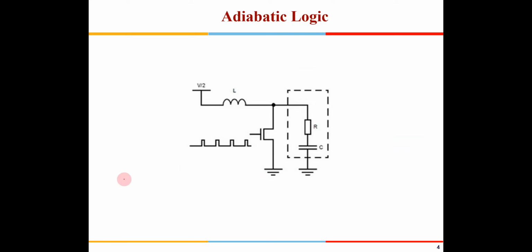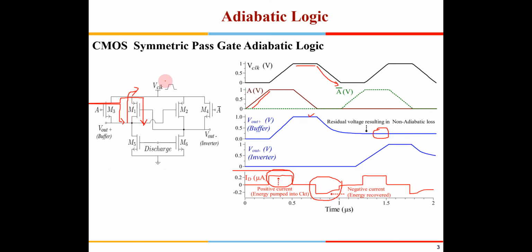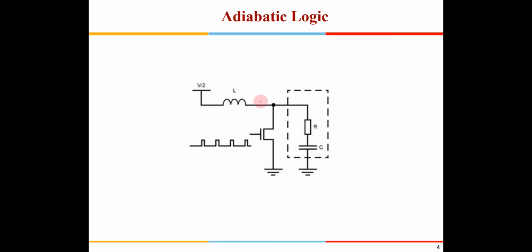Now I said the charge is going back to the circuit, right? So where is it going back? Generally for the clock, for the VDD, you have this kind of circuit. You have a VDD, then you have an L, and then you can have a C. You are not going to put a resistance here. It will be a stray resistance, the parasitic resistance, which will be there because of the inductor and the layout issues.